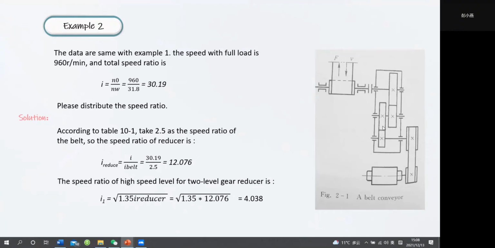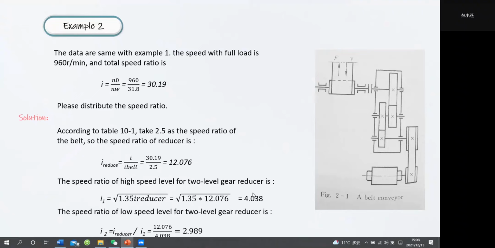I1 means the speed ratio of this pair of gears. Then we calculate I2, the speed ratio of this pair of gears, which is the speed ratio of the reducer divided by I1.